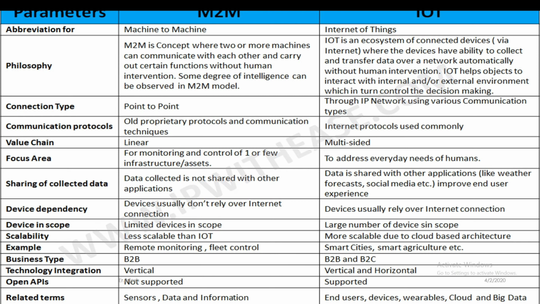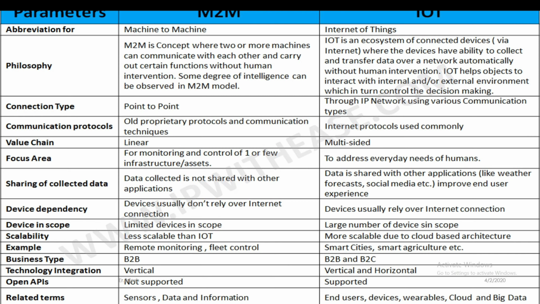M2M is less scalable than IoT. IoT is more scalable due to cloud-based architecture. Remote monitoring and fleet control are examples of M2M. Smart cities and smart agriculture are examples of IoT. In M2M, B2B is used, and in IoT, B2B and B2C are used. These are the business types that we use.